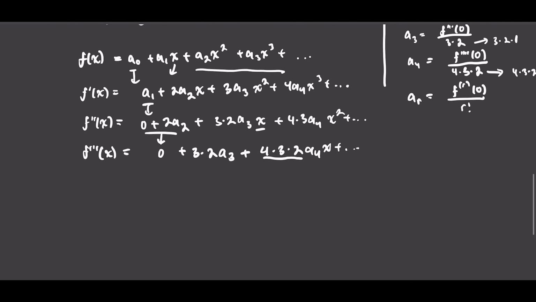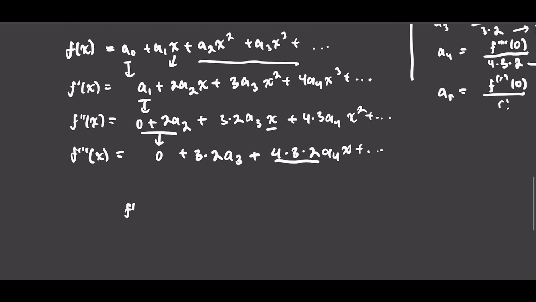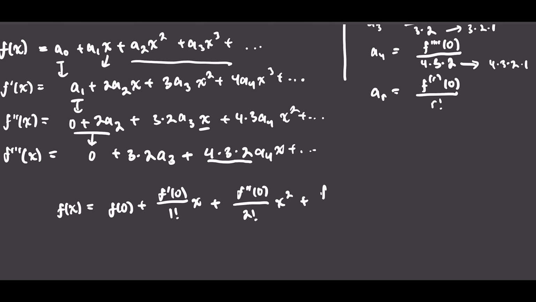So basically, any function f of x can be expressed as f of 0 plus f prime of 0 over 1 factorial, which is just 1, times x, plus the second derivative of f of 0 over 2 factorial times x squared, plus the third derivative of f of 0 over 3 factorial times x cubed, and so on.